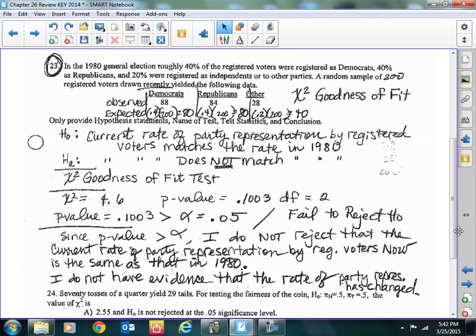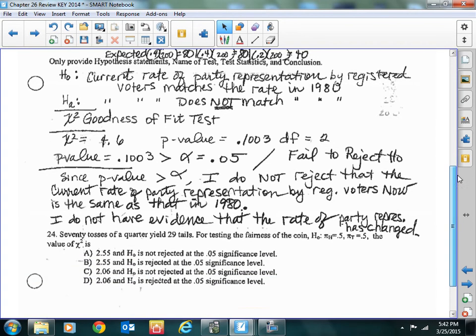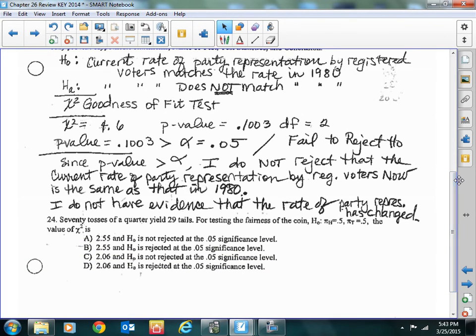For Democrats it is 40% of the total 200, Republicans 40% of the total 200, and others 20% of the total 200. So there's my hypothesis statement. It says I don't have to do the assumptions. Current rate of party representatives by registered voters matches the rate, versus does not match.